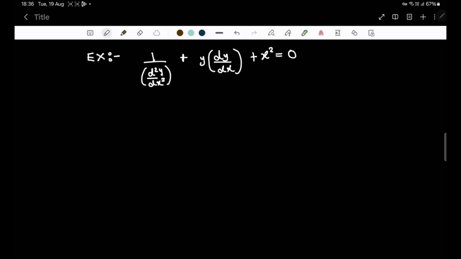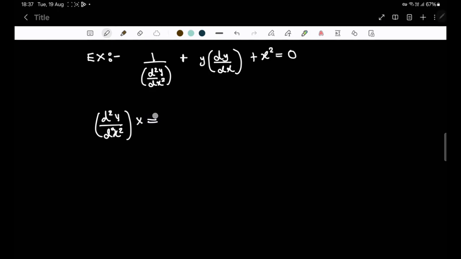So let's talk about a special case when derivative terms appear as fractions, like derivative terms in the numerator. Let's see an example. In these types of cases, you can't say the highest derivative is this and the power is 1, right? In these types of cases, we have to multiply both sides by d squared y over dx squared to make the numerator free of derivatives, right?